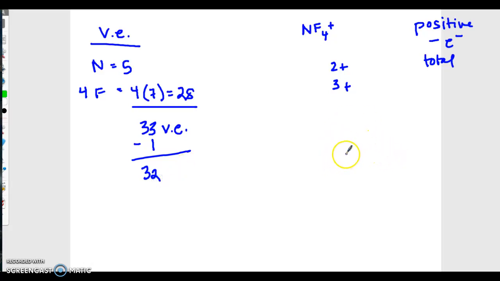Nitrogen will be the central atom, just based on where it is on the periodic table. It's closer to the center, and nitrogen is going to be bonded to the 4 fluorines.